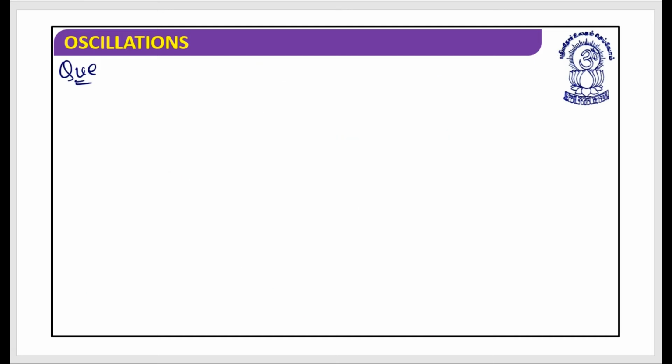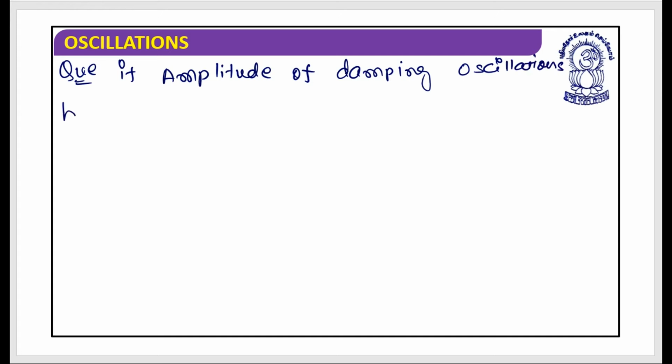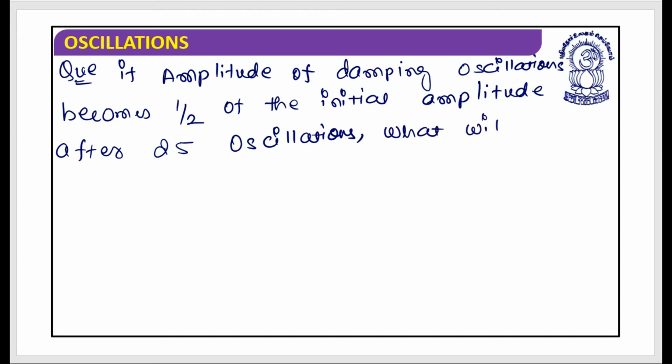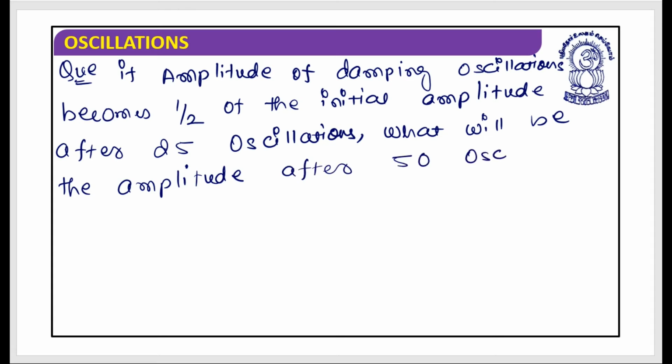Let's say the question says that if the amplitude of damping oscillations becomes 1/2, that is half of the initial amplitude, after 25 oscillations, what will be the amplitude after 50 oscillations? This is the question.